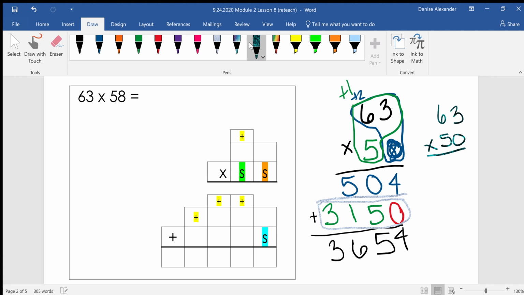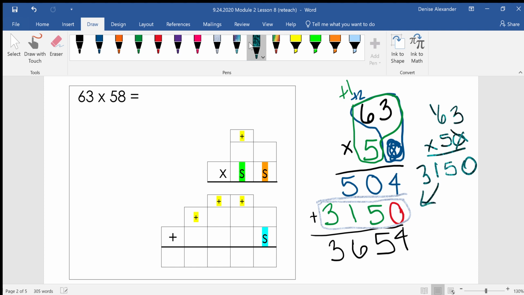Now, something we've been working on, we know if we multiply any number with a 0, we just add it on the end. So I'm going to ignore this 0 right now, and we're going to do 5 times 3, which is 15. I carry my 1, and I get the 31, right? But because of this 0, I have to add it in the end. That's how we got this number.